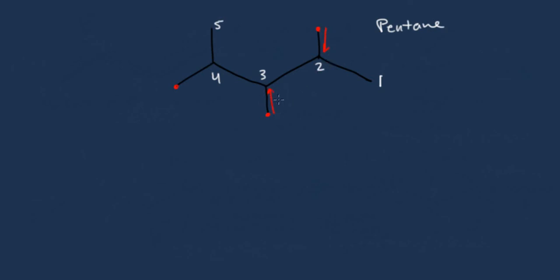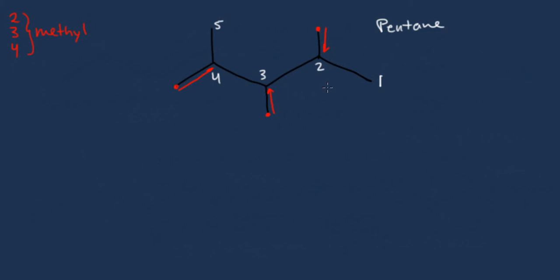This dot corresponds to the number 3. And this one corresponds to the number 4. And so I'm going to do 2, 3, 4. And these groups are methyl groups because you can identify them as CH3s.